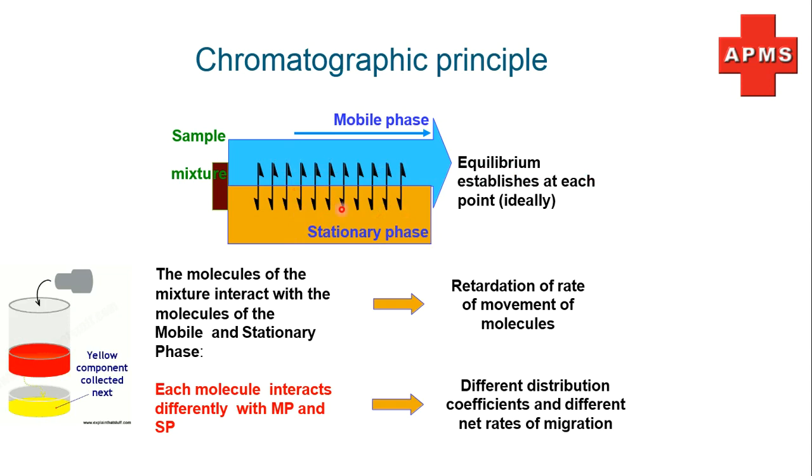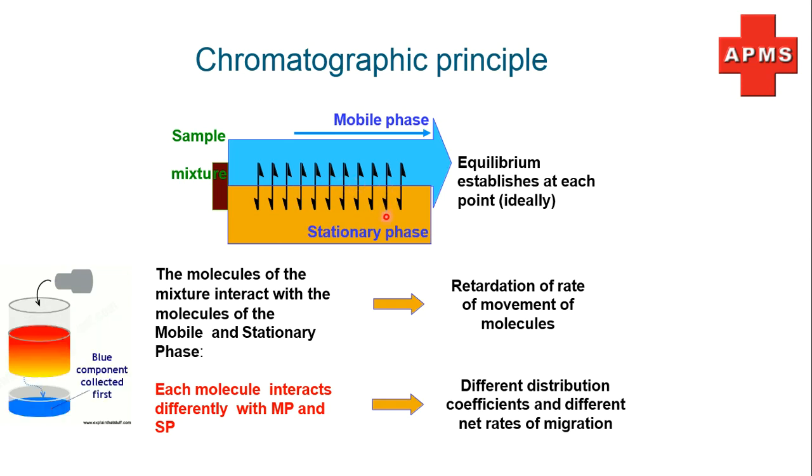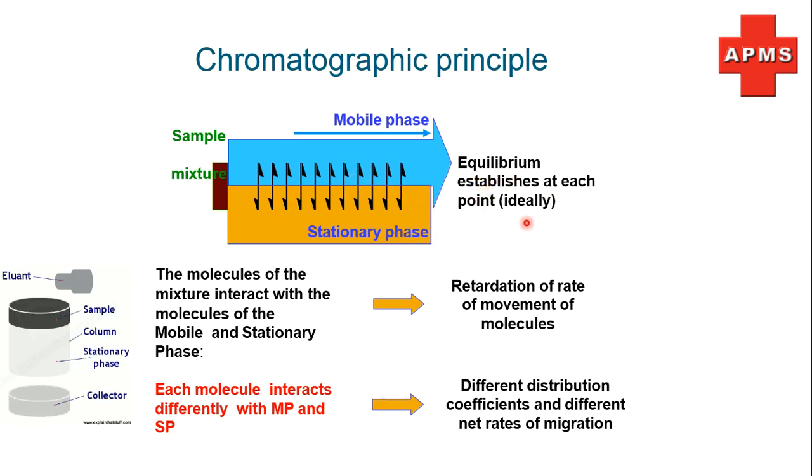Where this equilibrium shifts towards the stationary phase, those components are retained for more time, and those which show less interaction or less solubility in the stationary phase, especially a liquid stationary phase, will move faster. Here equilibrium is shown in between this solubilization between the mobile phase and stationary phase.